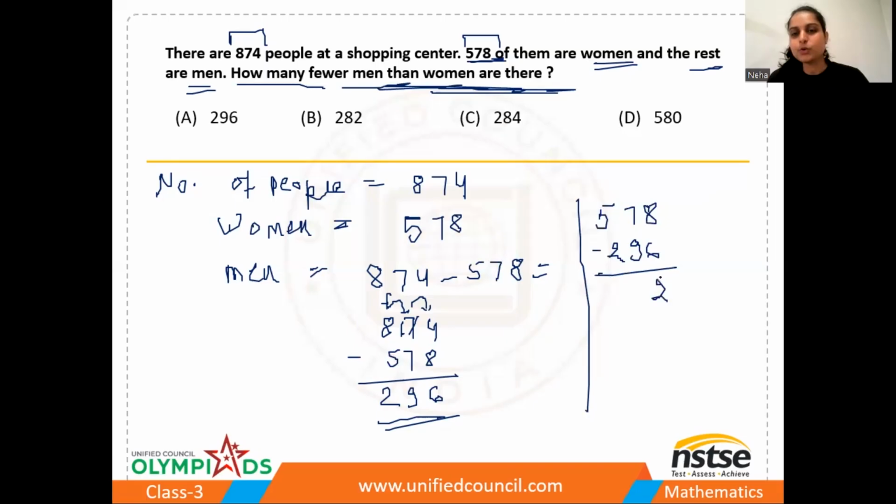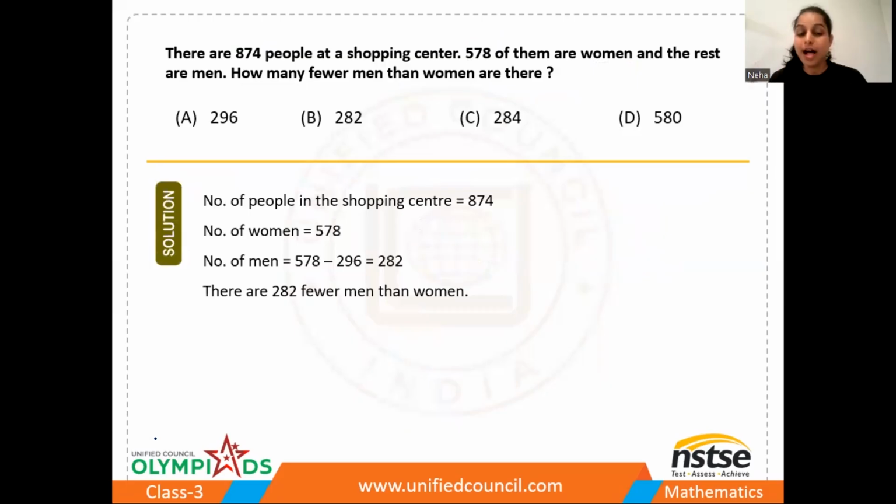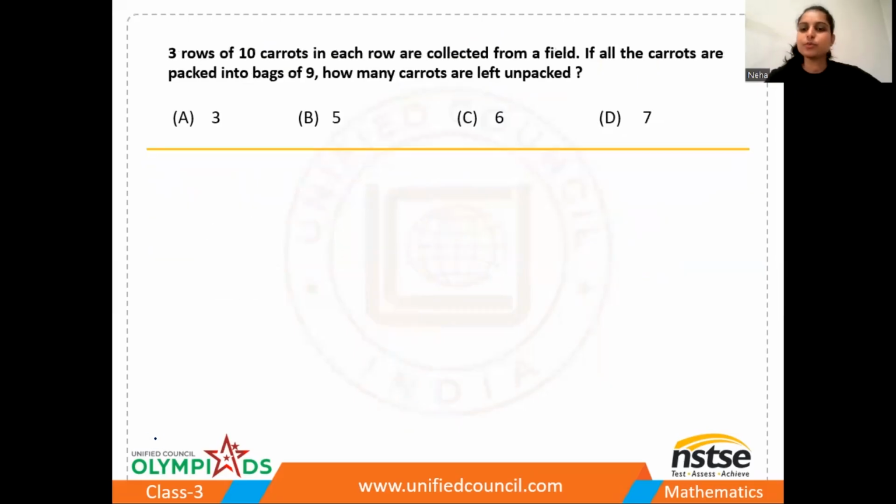So this is 2 and this is 8 and it will get the carry back, so it becomes again 2. So yes, this is 282. Option C is your right answer. So just be focused when you are taking your answer. Alright, so this question is done. Now let's move to the next one.